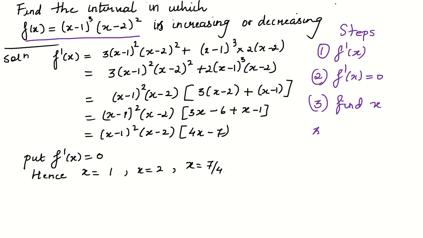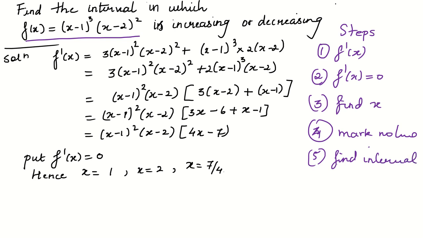The fourth step will be mark on the number line. The fifth step is find intervals, and the sixth step will be find where it is increasing or decreasing. So these are the steps.